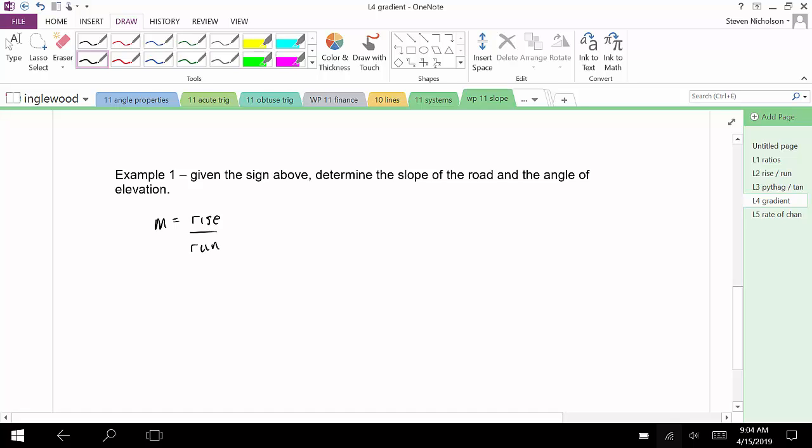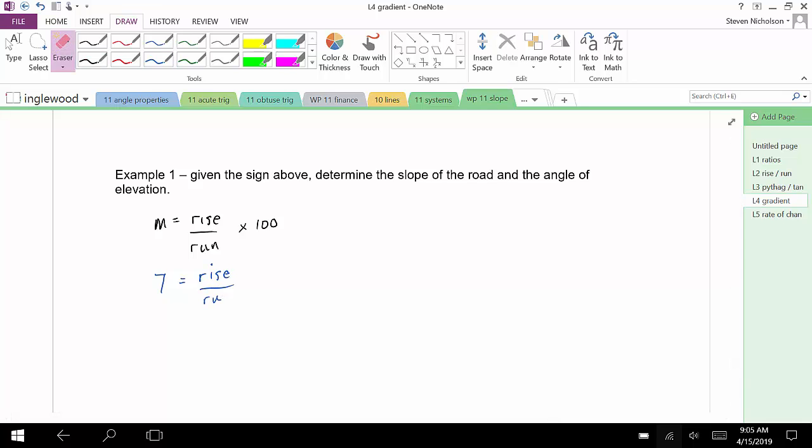And in our new formula, we know slope, again, in terms of grade, is rise over run times 100. And the grade of this road is 7%. And rise over run is our slope.